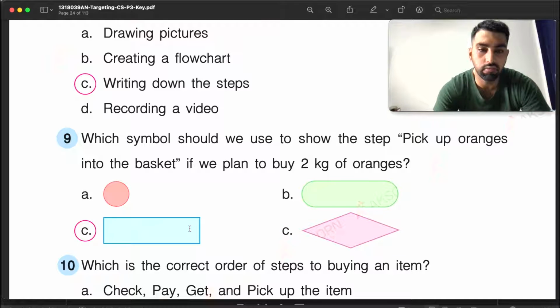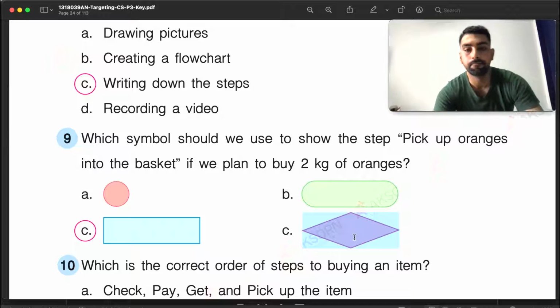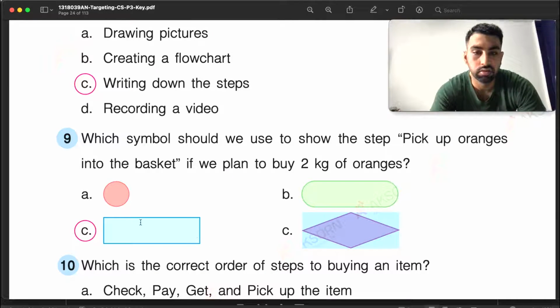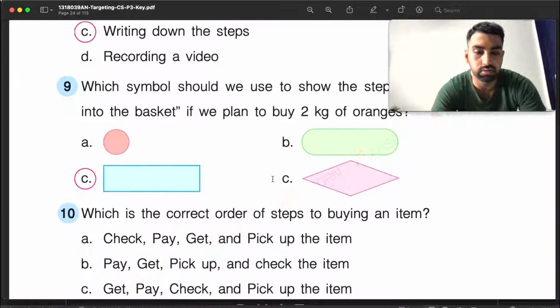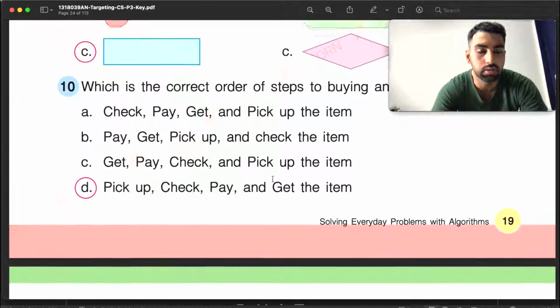C we have process, and D we have diamond. Alright, it's a decision, so the correct answer is C. Alright, what is the process? Pick orange, put into the bag. Alright, this is the process. I hope you can remember this.